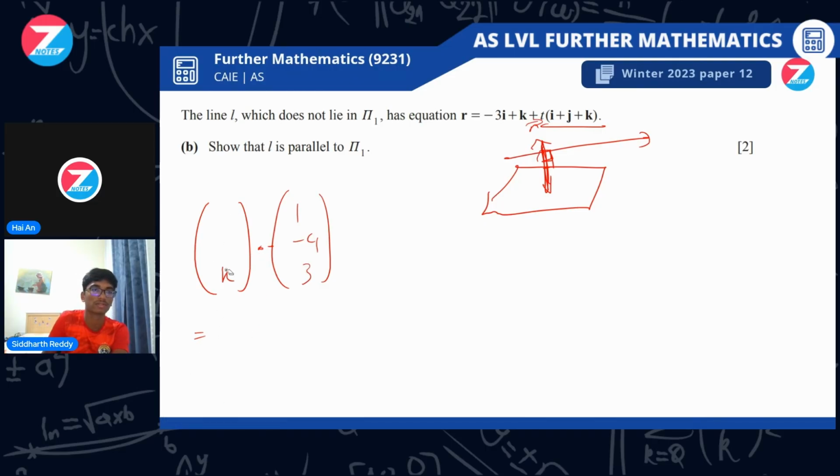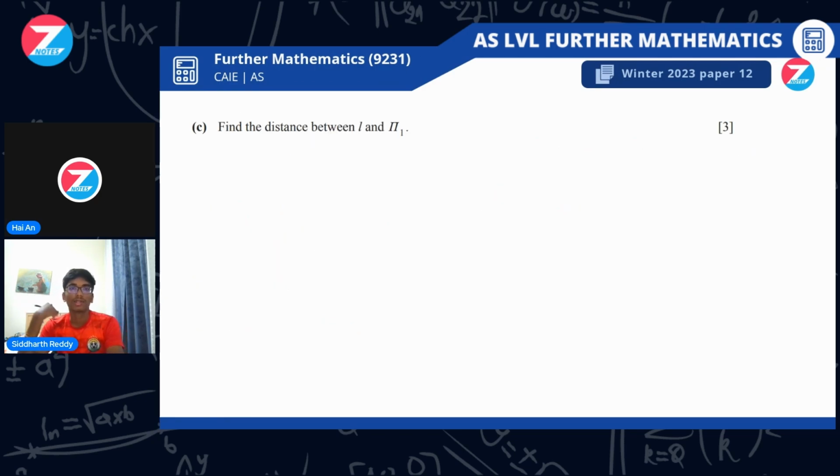Take the coefficients. So 1 into 1 is 1. 1 into minus 4 is minus 4. 1 into 3 is 3. So this is 1 minus 4 plus 3. Minus 3 plus 3 is 0. So it's 0, so it's got to be parallel. So that's it, it's shown.